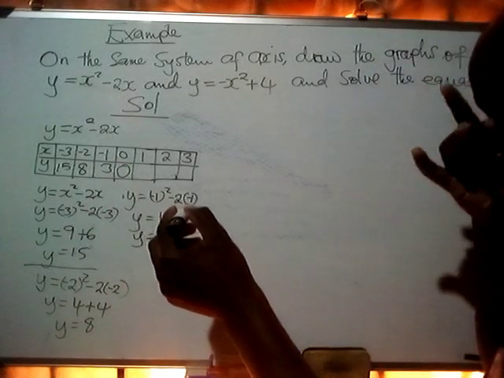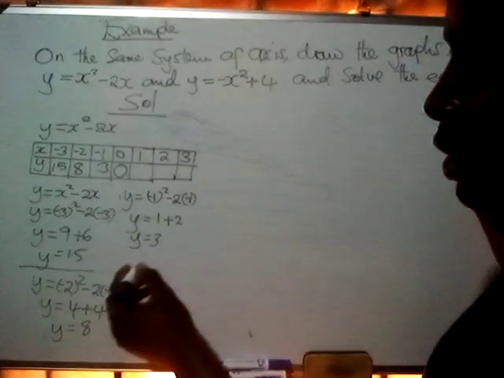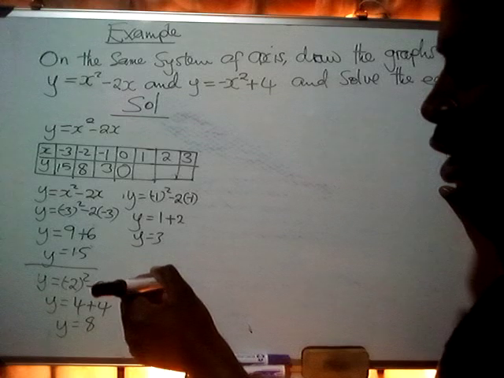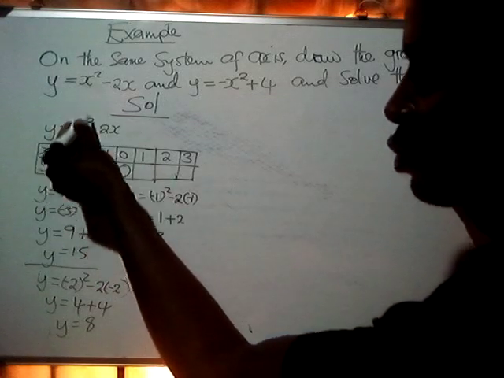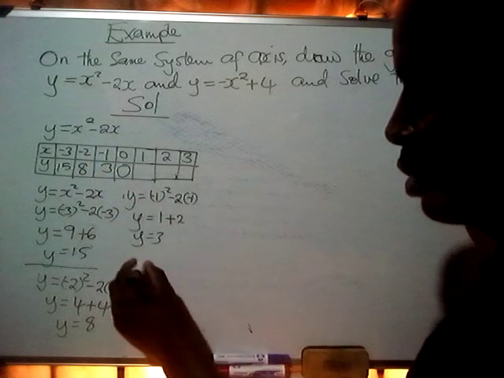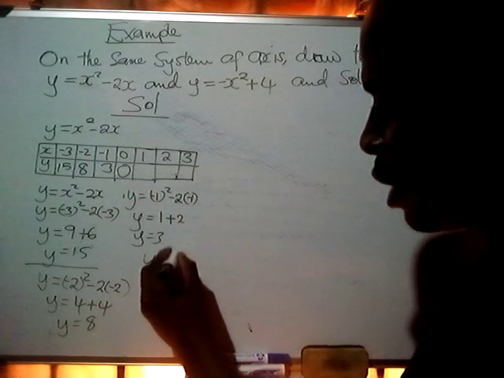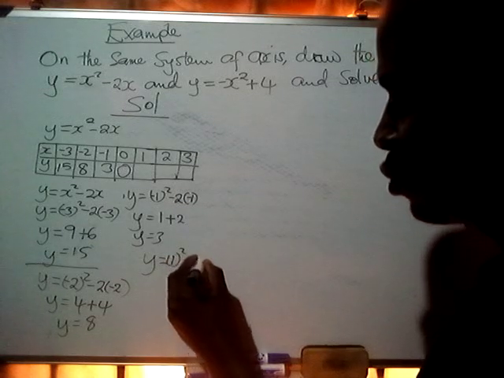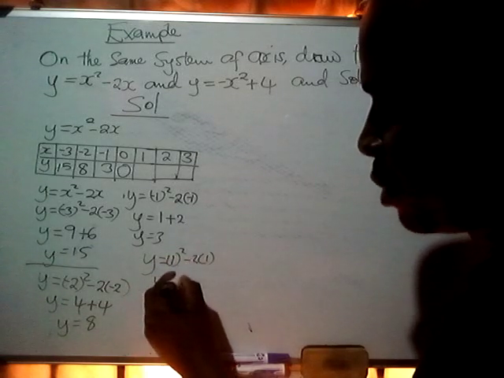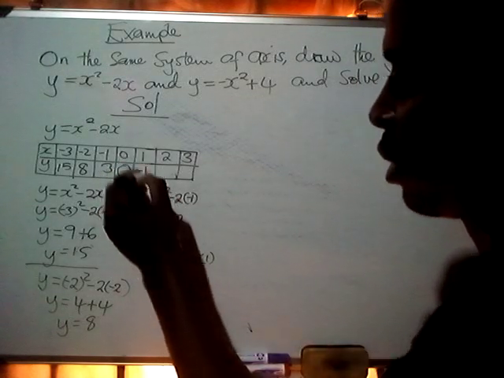We continue. If x is 1, we're going to say x squared minus 2 times 1. It will be 1 squared minus 2 times 1. The answer will be -1. So there it will be -1.